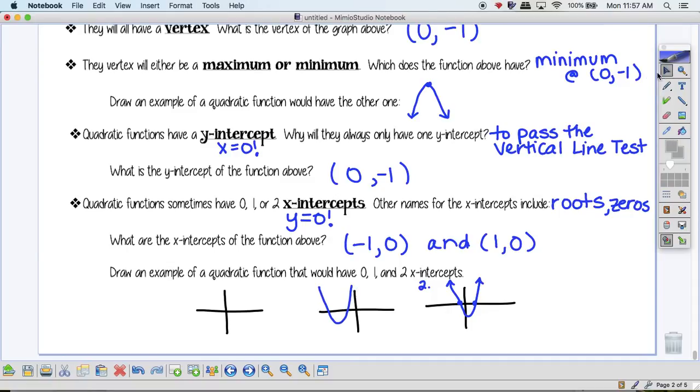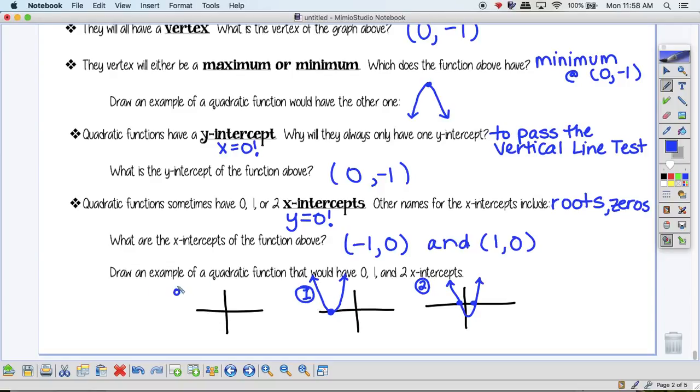How could I make this have just 1 x-intercept? So if I move this around, look at this and see if you can tell how it could have just 1 x-intercept. Does anybody know? Hopefully you figured out that if the vertex is right on the axis, then it would have just 1 x-intercept. This has 2 x-intercepts. This has 1 x-intercept.